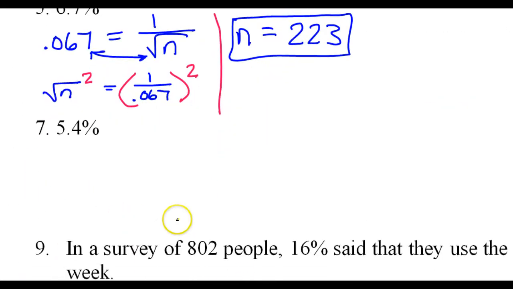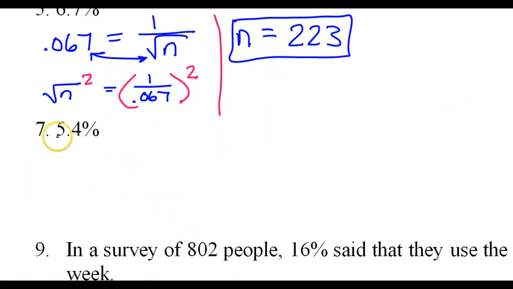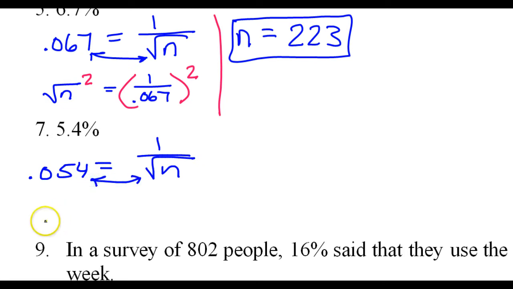Okay, what about number 7? So as a decimal, move it twice, so this is going to be 0.054, and that should equal 1 over the square root of the sample size. Alright, doing our swap trick, that means that the square root of n should equal 1 over 0.054.